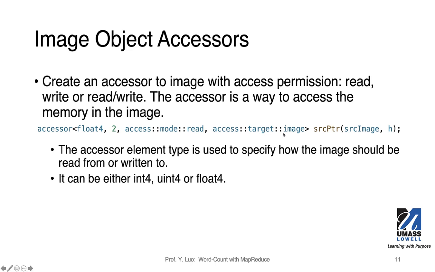The target is an image object. The accessor's name is source pointer, and we use the image object we just declared as the image, followed by the handler of the lambda function.